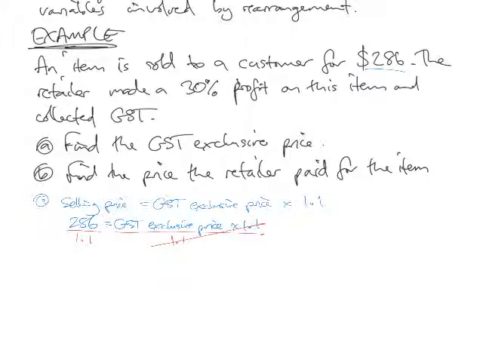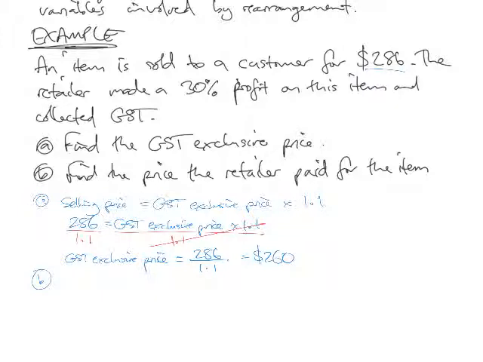So what do we end up with? GST exclusive price is 286 divided by 1.1. That one I can't do in my head, so I need to grab a calculator. 286 divided by 1.1. That is $260.